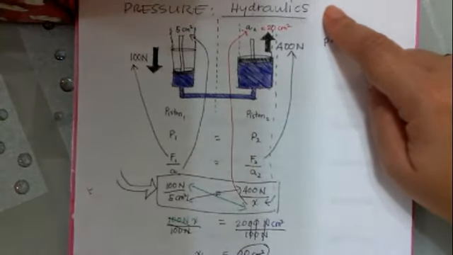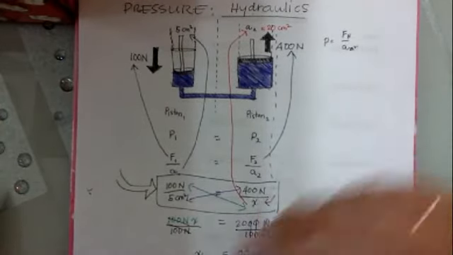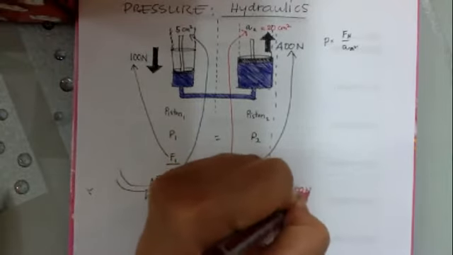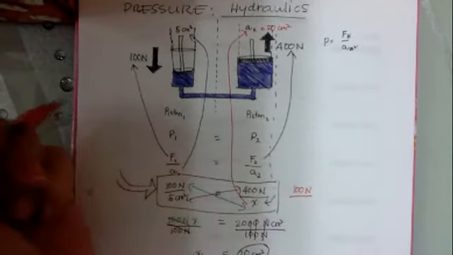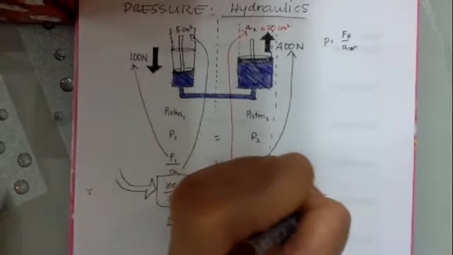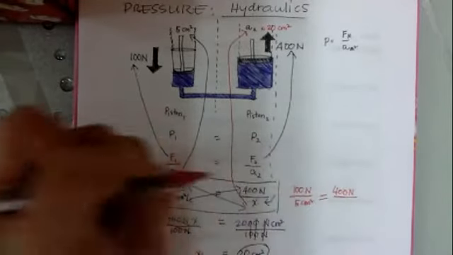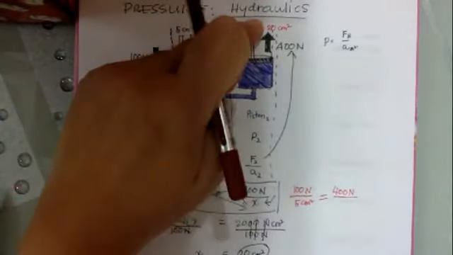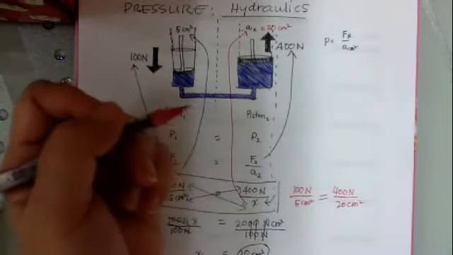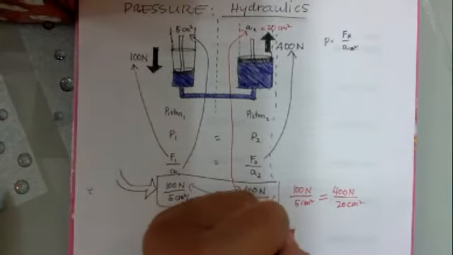So now you have 100 newtons divided by 5 centimeters squared is equal to 400 newtons divided by, what is x? 20 centimeters squared. 100 divided by 5 is 20.